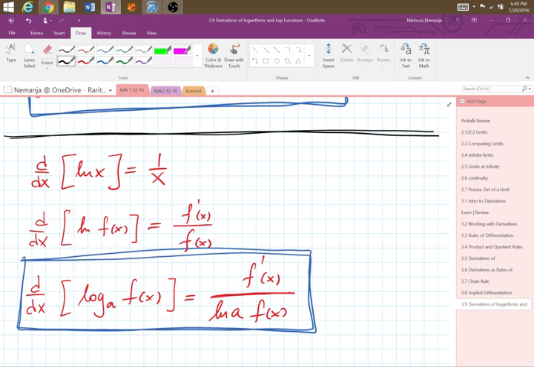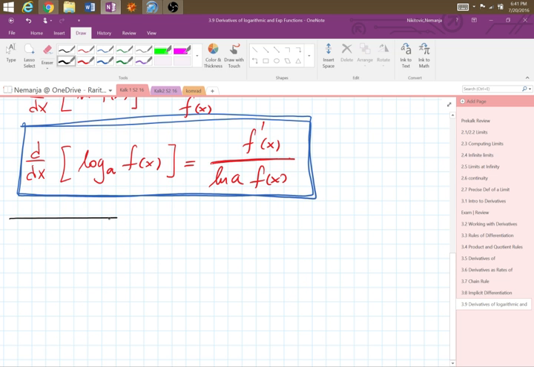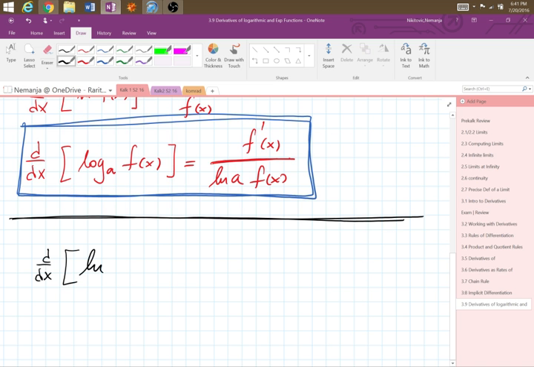So now let's just do a few quick examples of this, because this stuff is, as I said, basic, so that we can get into logarithmic differentiation, which is the hefty part of this thing. So what is the derivative of, let's say, ln of sine x?